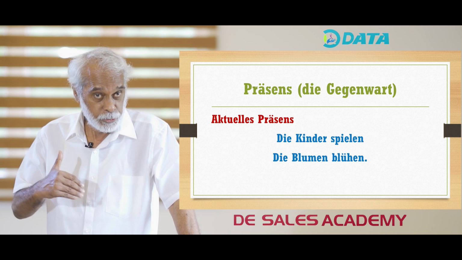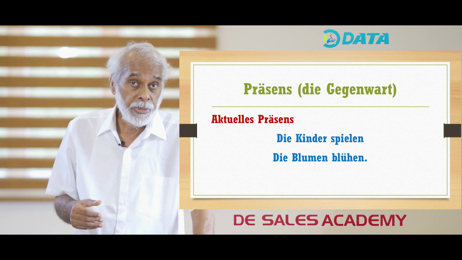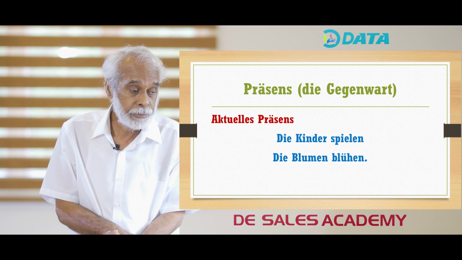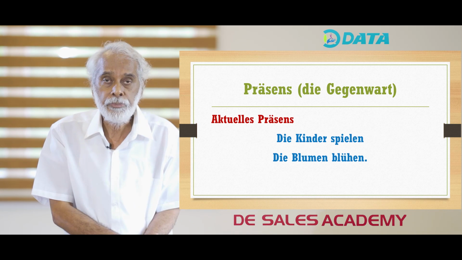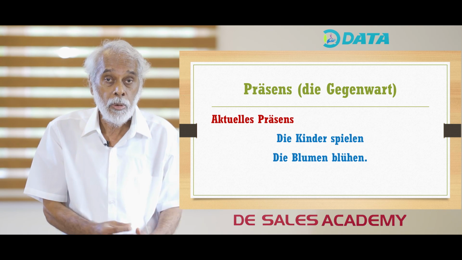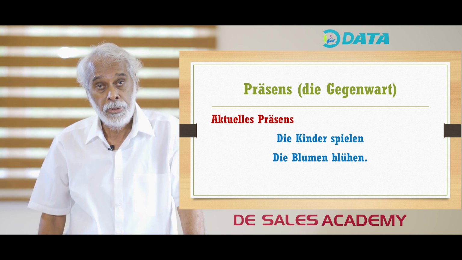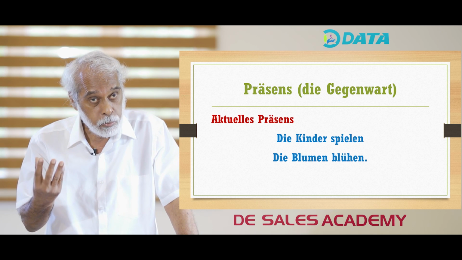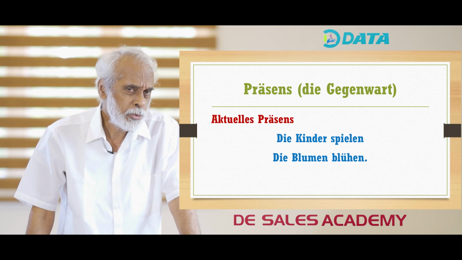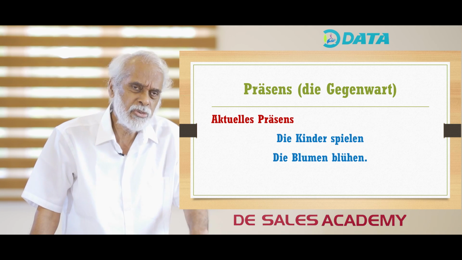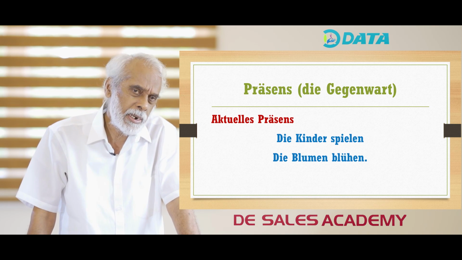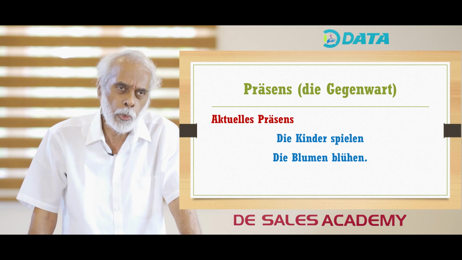Also, wir kommen zurück zu unserem Satz. Die Kinder spielen, the children are playing. It's happening now. Or die Blumen blühen. The flowers are blooming. Don't you think there is a difference between these two sentences? Die Kinder spielen and die Blumen blühen.